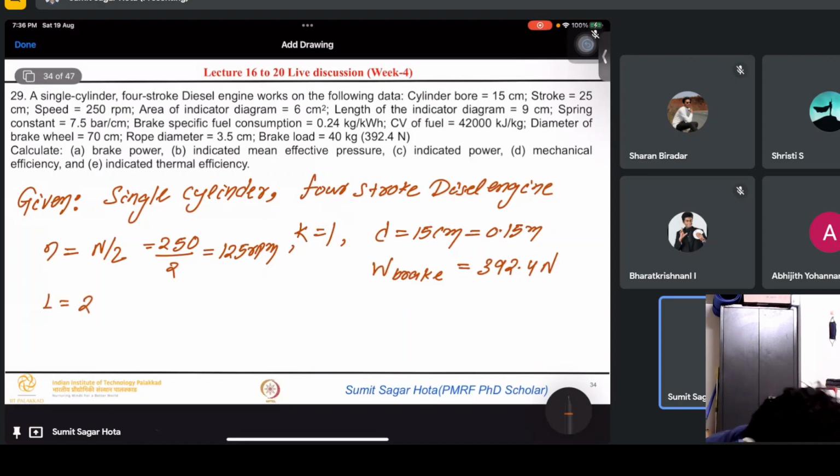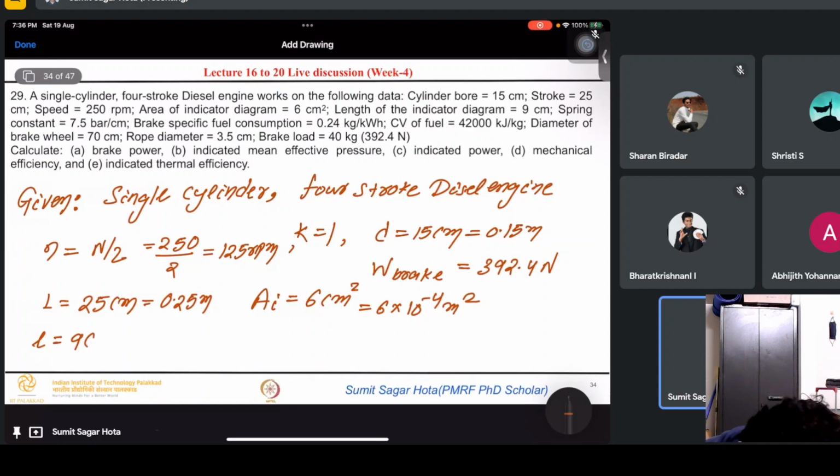L, what is the length? 25 centimeter, 0.25 meter. Area of the indicator diagram is 6 cm square, 6 into 10 to the power minus 4 meter square. Small l is 9 centimeter. Small l is the length of the indicator diagram. Capital L will be your stroke. So small l is your 9 centimeter.